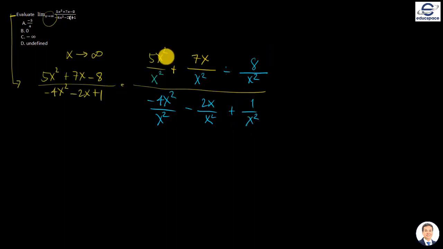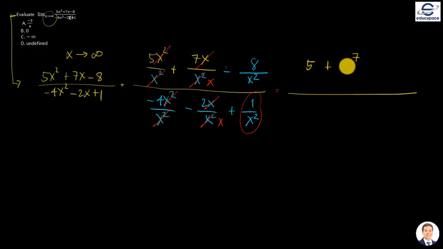The x squared will cancel, and 1 x will cancel, so we have 7 over x and 8 over x squared. We have this resulting equation: 5 plus 7 over x minus 8 over x squared, over minus 4 minus 2 over x plus 1 over x squared.